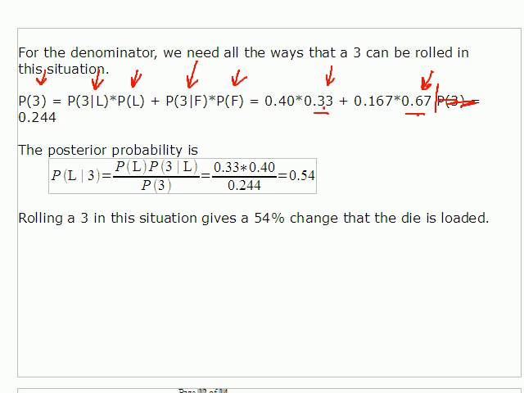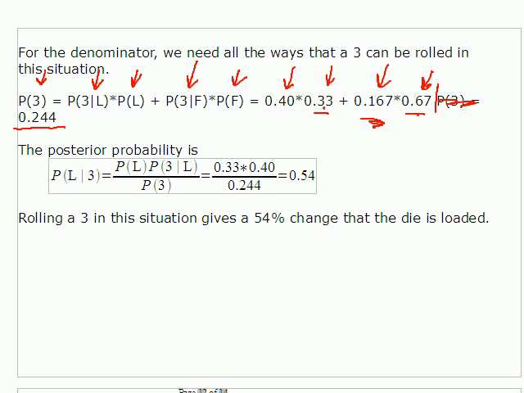Let's cash that off. Okay, what's the probability that a loaded die would give you a 3? That's 0.40, because that was our initial information. What's the probability that a fair die will give you a 3? It's 1/6, so it's 0.167. I add all this up, and this is the probability that I would have gotten a 3 anyway. If they were all fair, the probability I would have gotten a 3 anyway would have been 0.167.